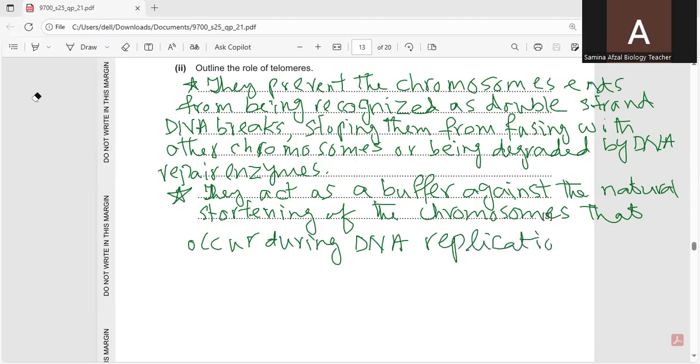So in this way, you can see during each replication, part of the DNA can be lost.